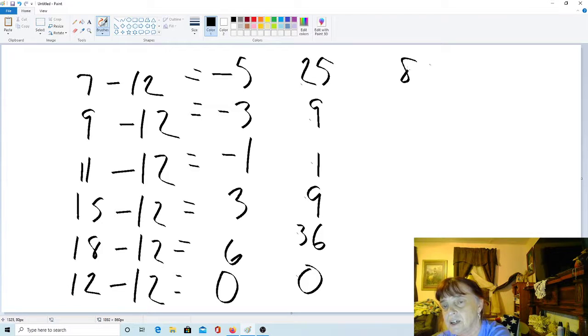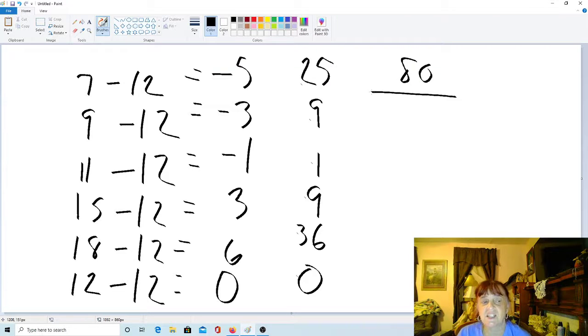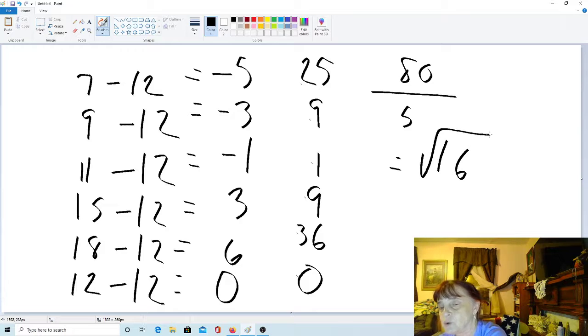You divide this by n minus 1. N is 6, which represents how many numbers you've got. You divide it by one less than the number of numbers, so it'll be 5. 80 divided by 5 is 16. Your final step is to find the square root of 16, which is 4. So your standard deviation is 4.